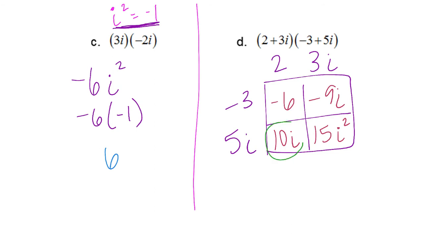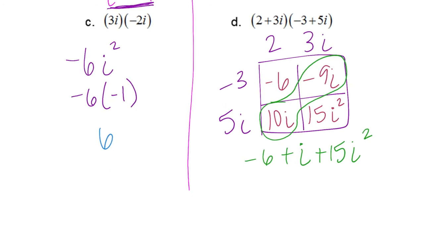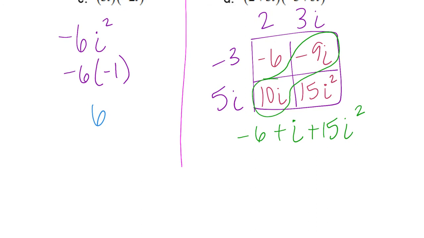So now we want to look at our like terms and combine them. So I've got -6 plus i plus 15i squared. Now remember, we cannot leave that i squared there. We have to actually simplify that. So remember, the i squared is -1. So I'm going to sub that in. Then almost last step. Have to combine that.